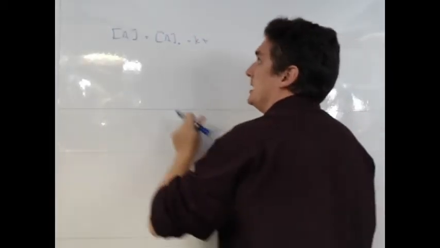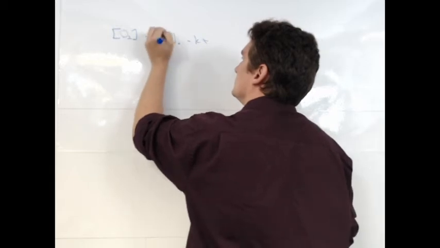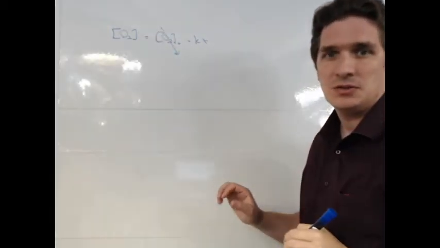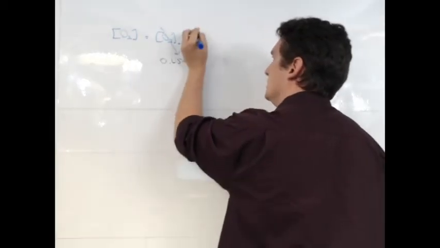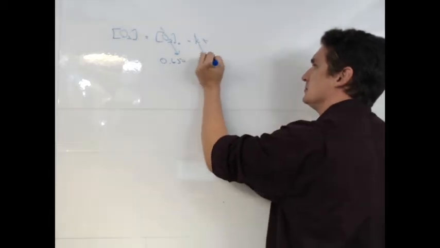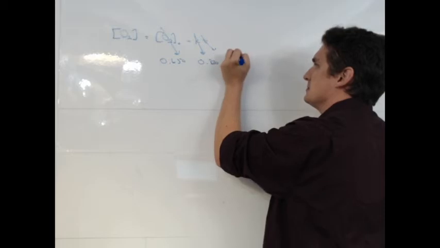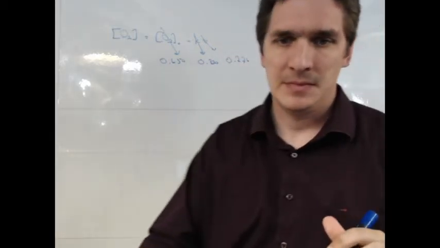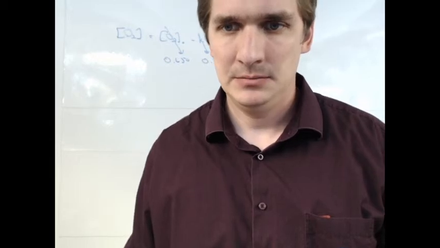In this case, A, our species, is O2. Starting concentration is 0.650. Rate constant K is 0.320. And the time here is 0.776. So I'm going to plug that into Excel really quick.